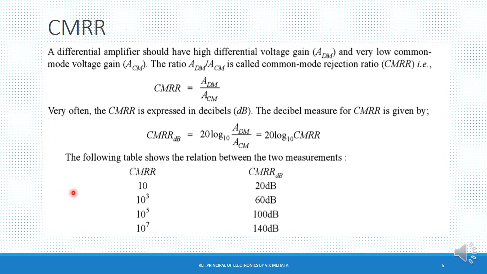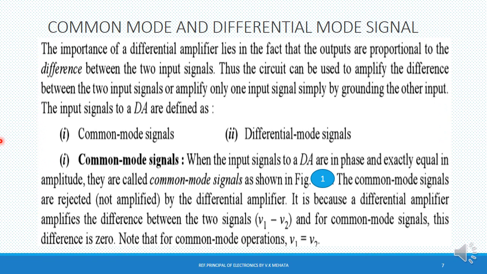So now we will move to the next slide. In this slide I explain what we mean by common mode signal and differential mode signal, and what is the difference between them. Actually, the importance of the differential amplifier lies in the fact that outputs are proportional to the difference between two input signals.